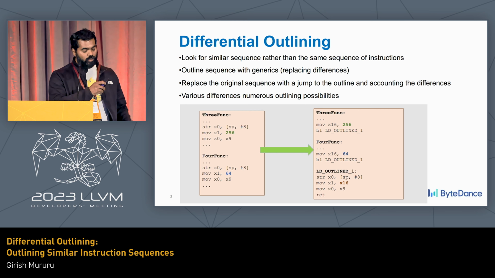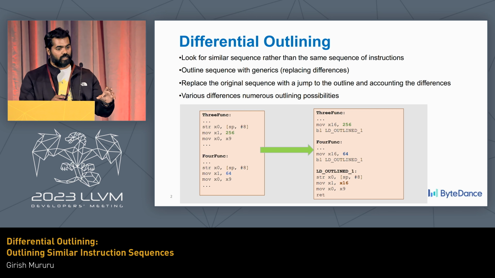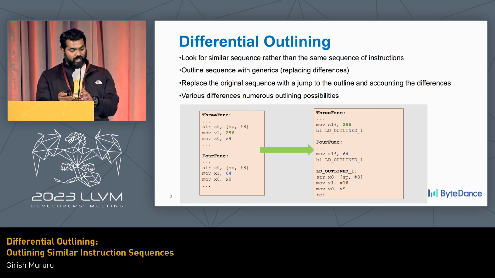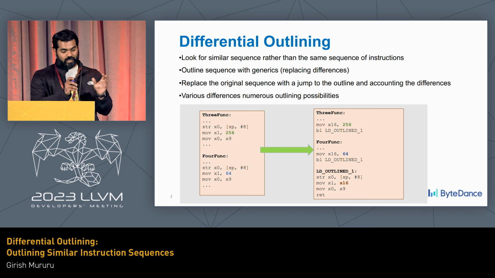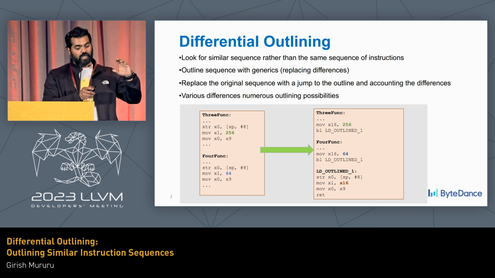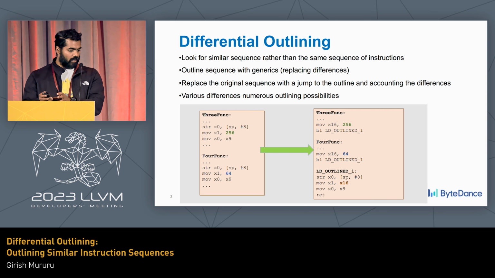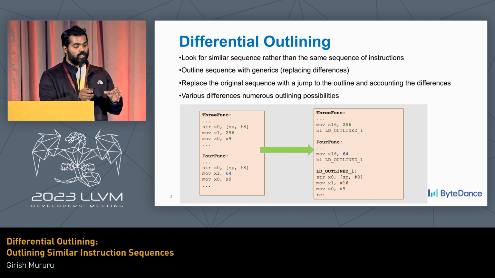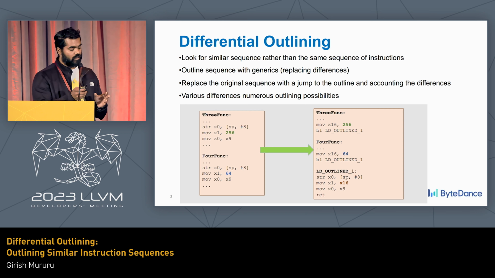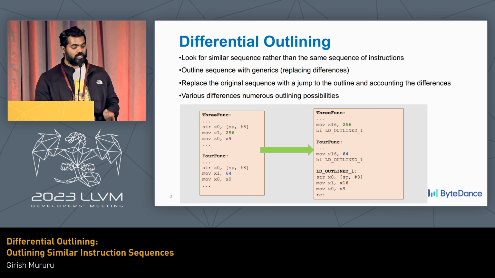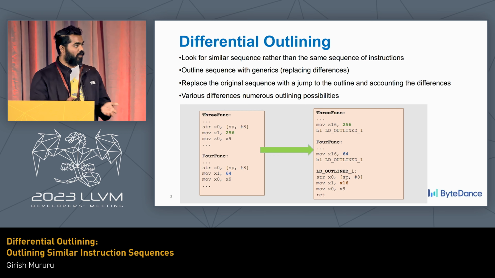Here, we would again outline the same sequence of instructions with generics while replacing the differences between the sequences. And then at the original sequence, you basically replace it with a jump to the outlined sequence, but also account for the differences.